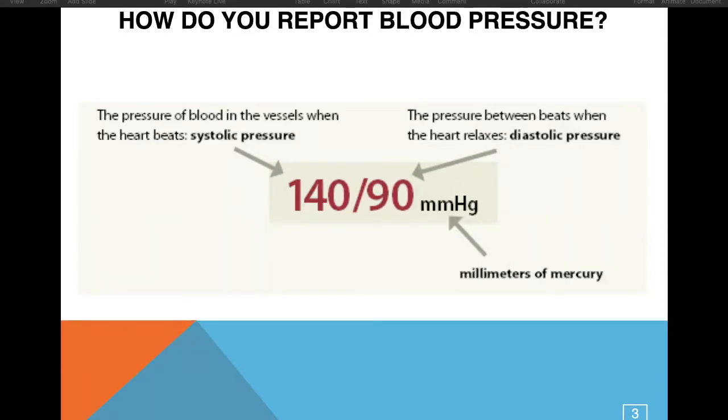The systolic pressure, because it's the heart at work, is always going to be a higher number, a higher pressure against those vessel walls, versus the diastolic pressure, the amount of pressure against those vessel walls while the heart is at rest, which is going to be smaller. We report it systolic over diastolic, or the higher pressure over the lower pressure, and we're measuring that pressure in millimeters of mercury with the equipment that we use.